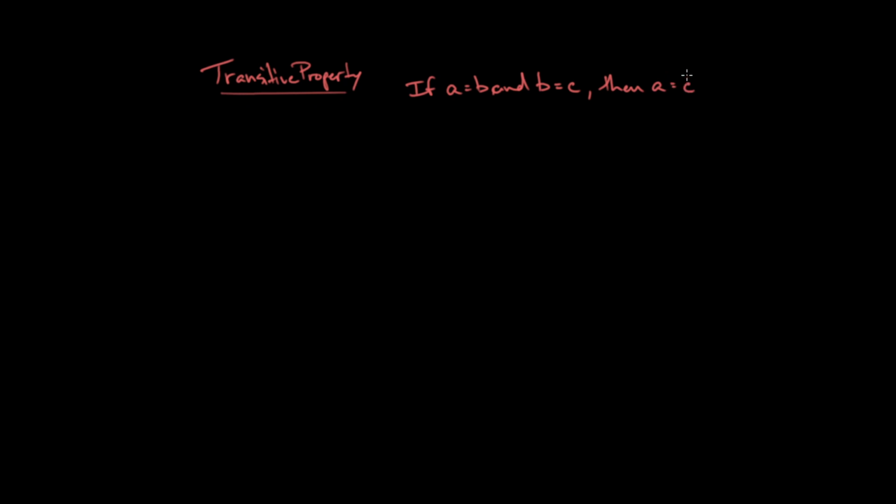So the way I think about this is that it's like I'm linking 2 things together. If A is equal to B, and what is B equal to? Well, B is equal to C. Well, then I can just go directly from A to C to say that those things are equal to each other. And this, of course, is true for segments as well.